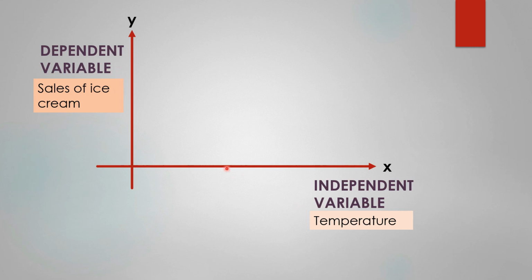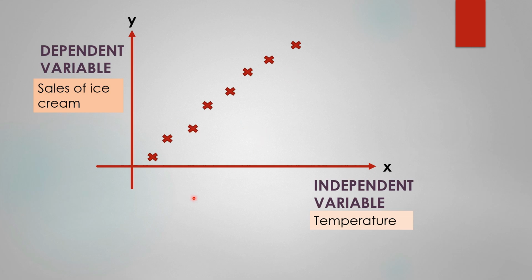If you relate these two variables, what will happen to the sales of ice cream if temperature rises? The independent variable is the one that causes the change, whereas the dependent variable is the one that gets affected. So, as the temperature increases, the sales of ice cream will increase as well. It makes sense if you relate it like this.